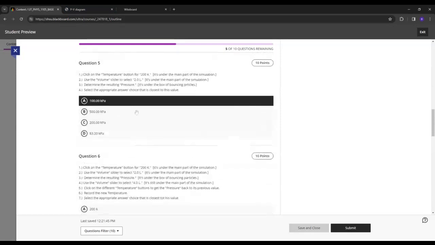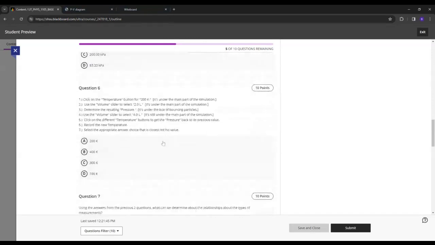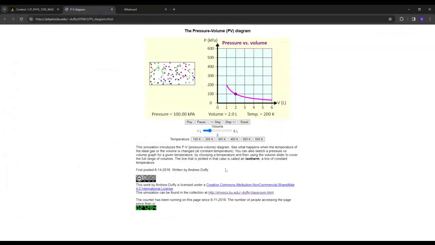So we want to remember, and hopefully you got this question right when you were following along or thinking it through, we want to keep the 100 kilopascals of pressure. Okay. Well, when this tells us to go to 4 liters, that means we're going to have excess space. So the molecules are less likely to bounce off of each other, then that pressure should go down. Let's see if that's what happens, right? So excess space, we're going to 4 liters.